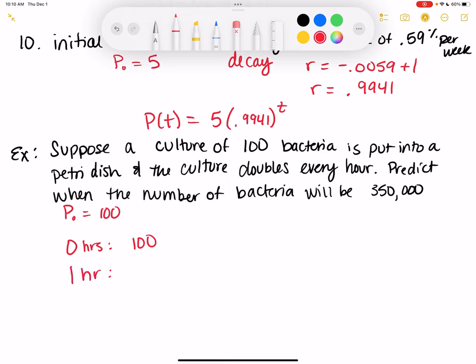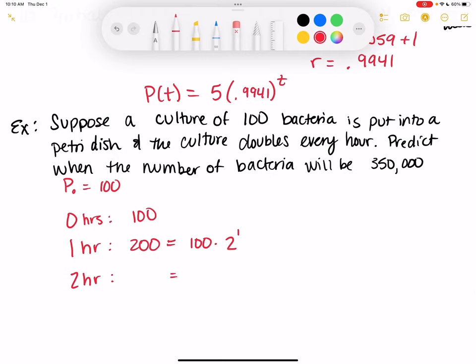At 1 hour, any guesses? 200. Okay, because it would be 100 as the initial times, it doubles every hour, so 2 raised to the first hour. So then at 2 hours, it would be what?